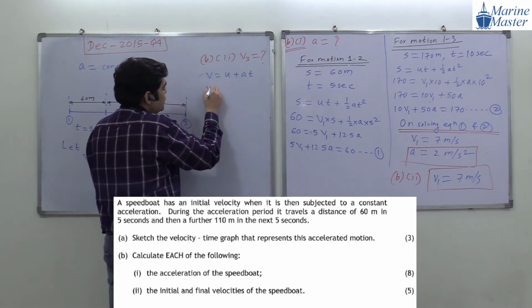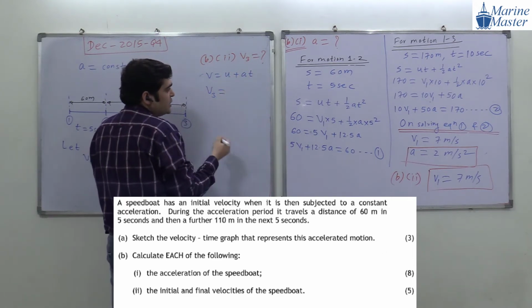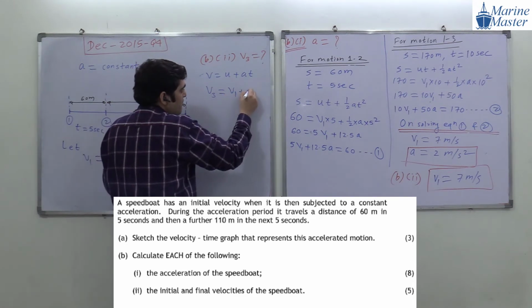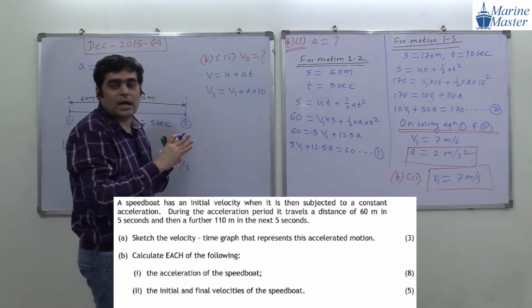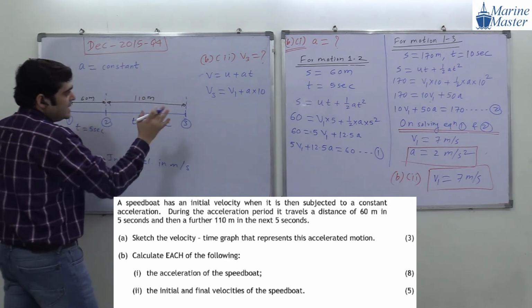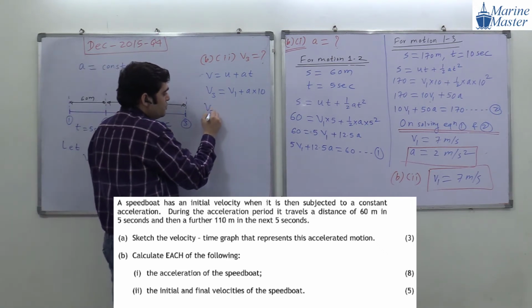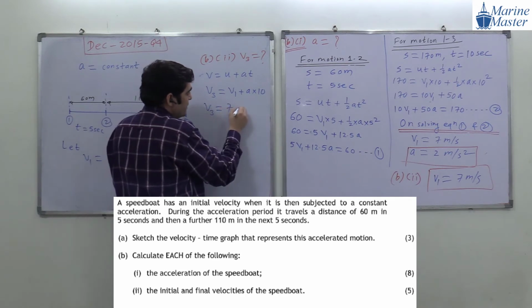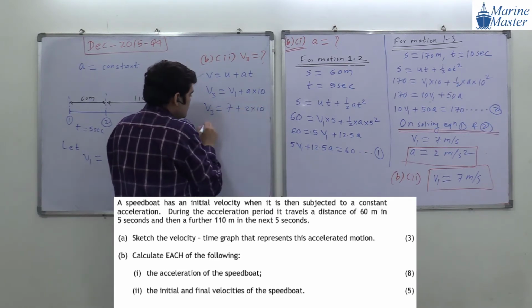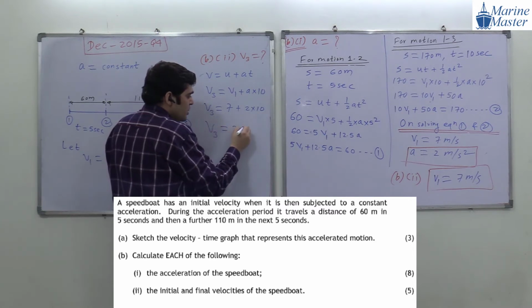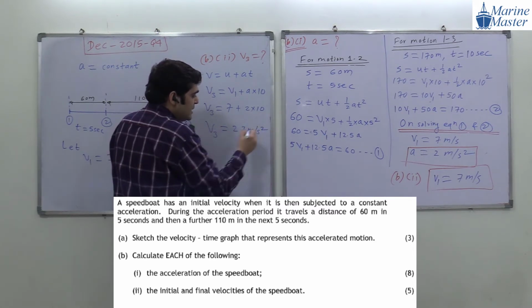Our final velocity is V3, initial velocity is V1, and time is 10 seconds. So V3 will be equal to V1, which we calculated as 7, plus A, which we calculated as 2, into 10. So what is the final velocity V3? 27 meter per second.